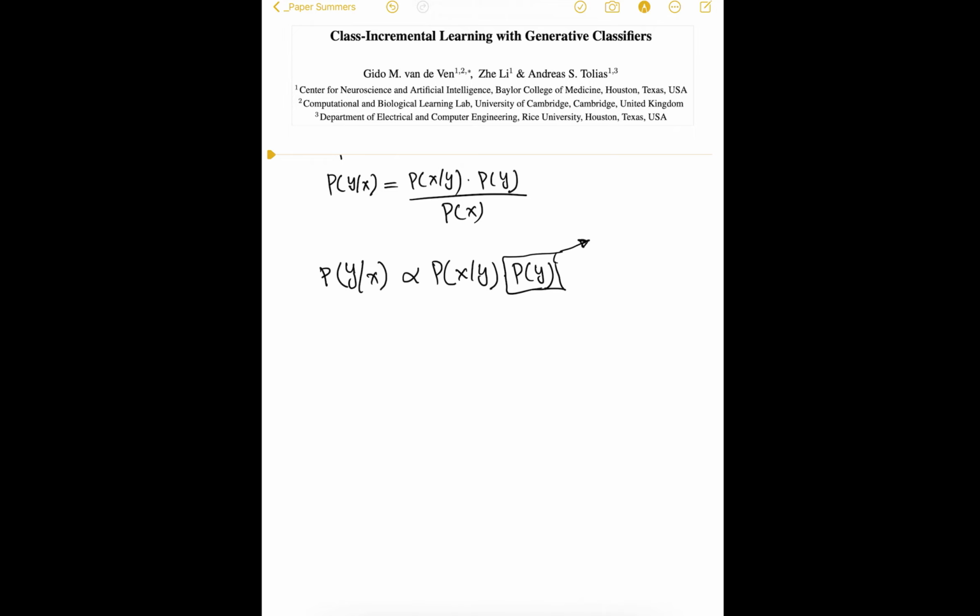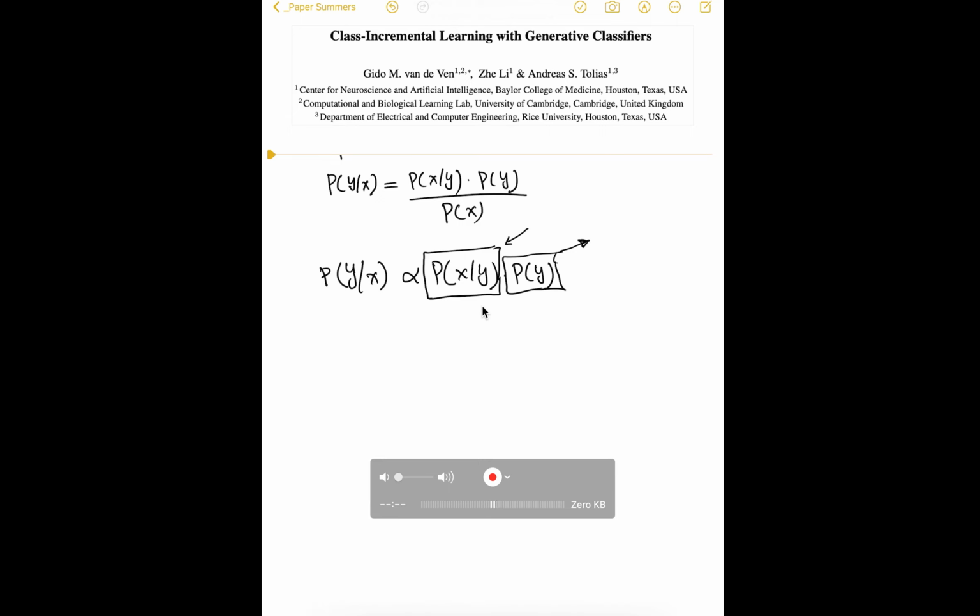So this can be determined. The only unknown quantity here is this, p of x given y.